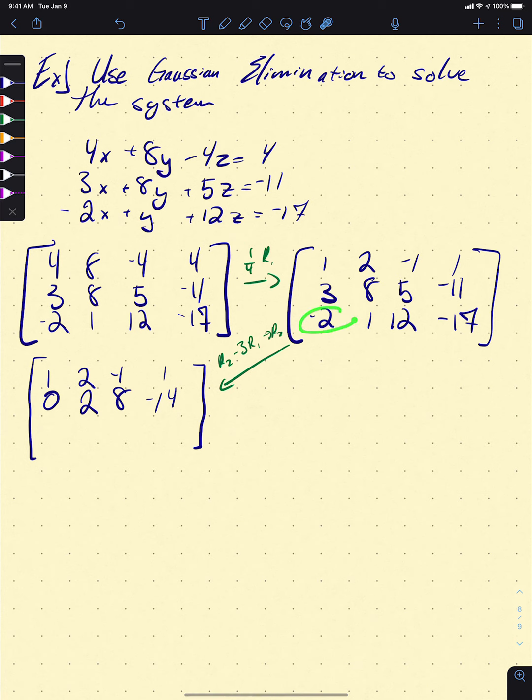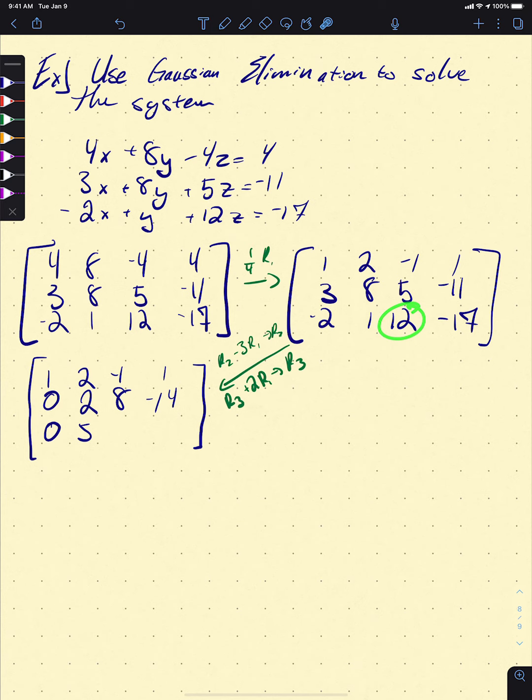For our last row, how are we going to get rid of this negative 2? Well, I can take row 3, and I can add to it 2 times row 1, okay? And then use that to redefine row 3. When we take a look at that, we're going to have negative 2, looks like plus 2 to get a 0. We're going to have 1 plus 4 to get a 5.